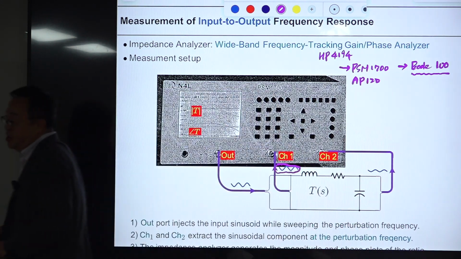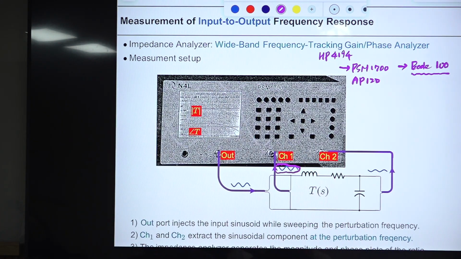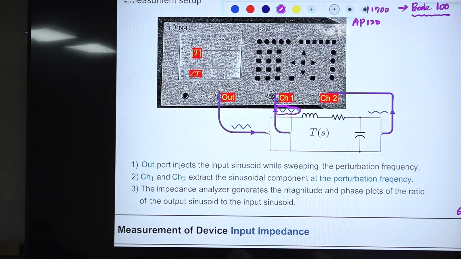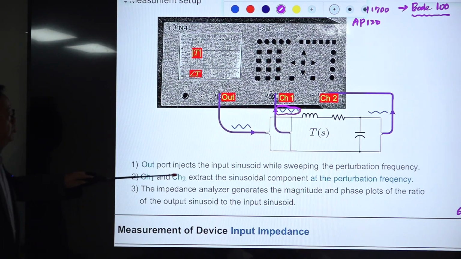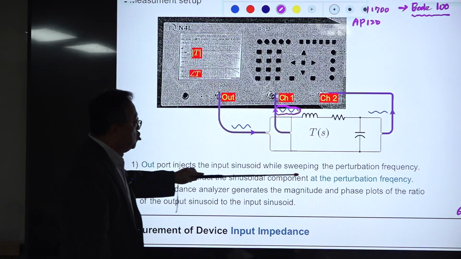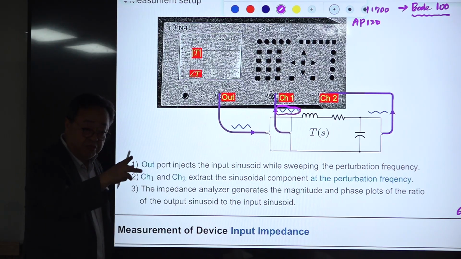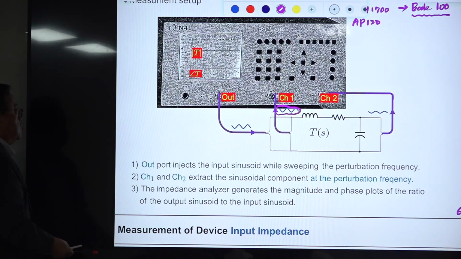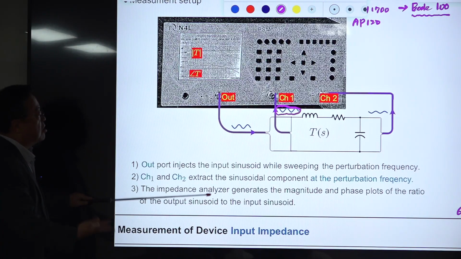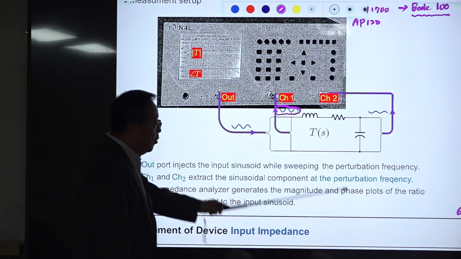So we'll be discussing that. I already went through this. The output port injects the input sinusoid while sweeping the perturbation frequency and sometimes changing the amplitude of the sinusoidal input, and channel 1 and channel 2 extract the sinusoidal component at the perturbation frequency.